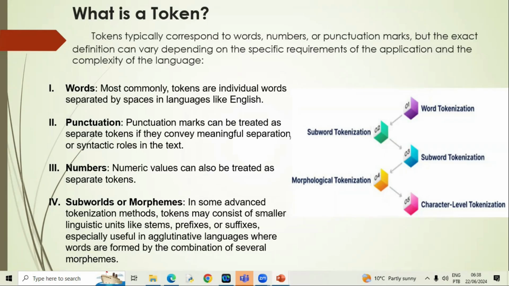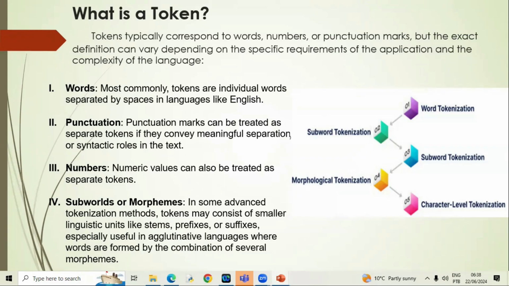A token, when we create it, is a small correspondence to a word, number, punctuation mark, or any white space; we call it a token. Now, it may happen it is a word, but it may not be a word. So the small form of that whole sentence, we call it a token.